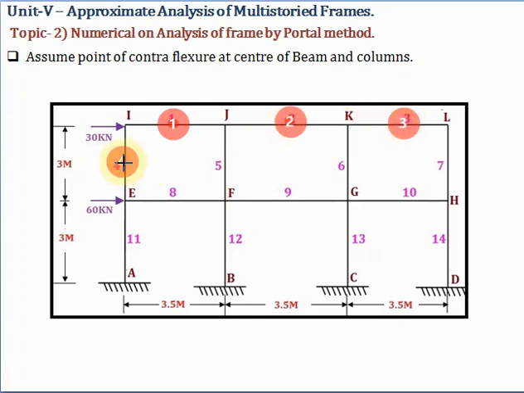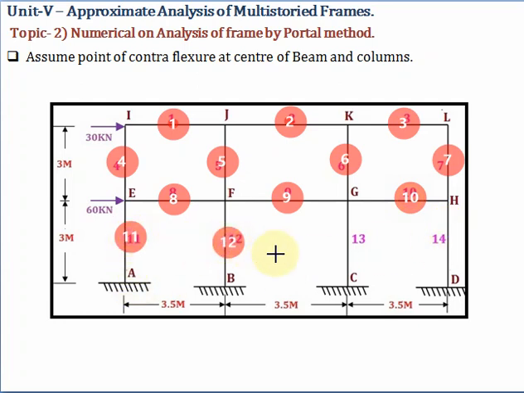Then the vertical members: IE 4, JF 5, KG 6, LH 7, then EF 8, FG 9, GH 10, EA 11, FB 12, GC 13 and HD 14.